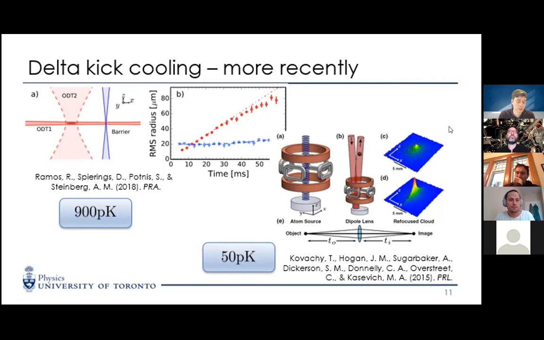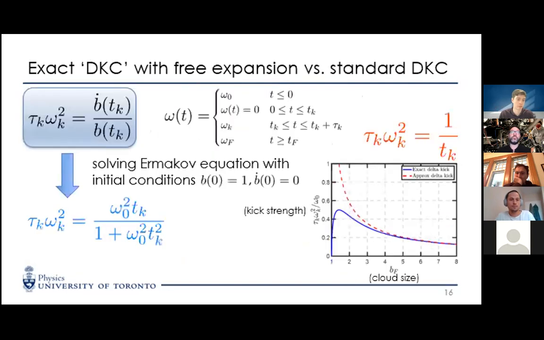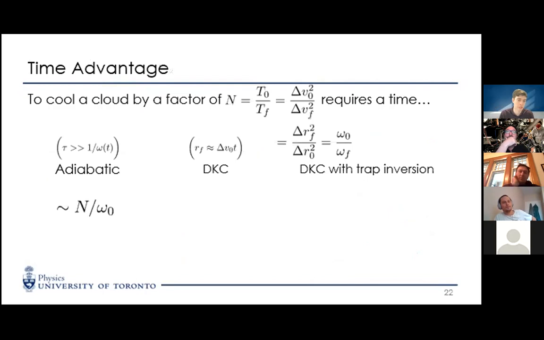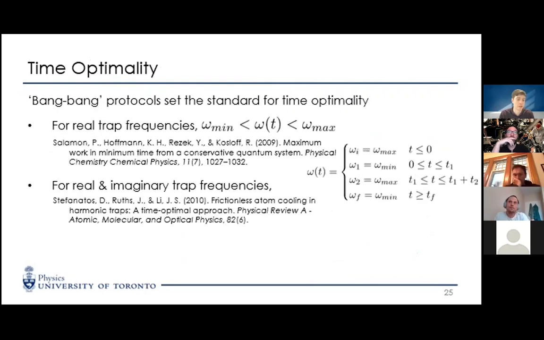So my understanding is that bang-bang protocols have been demonstrated to be the time optimal protocol given some bounds on the time dependent harmonic oscillator that you can implement. And so delta-kick cooling is like a bang-bang protocol, assuming that you have access to an infinite trap frequency.